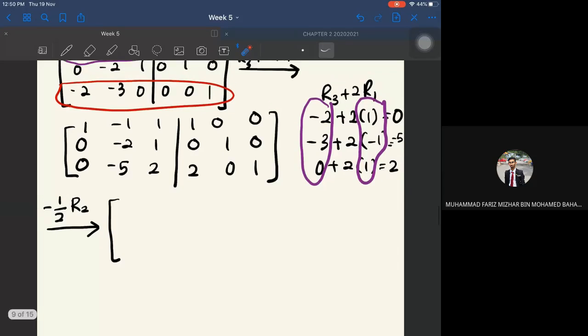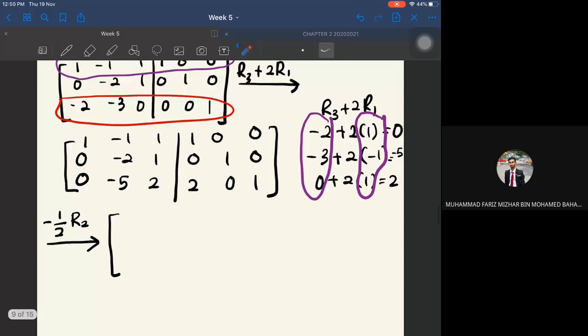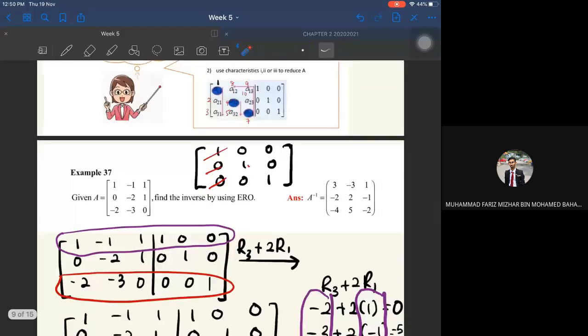Okay. So untuk saya ubah diagonal ni jadi 1, saya selalunya menggunakan properties nombor 2. Untuk ubahkan yang jadi kosong, saya gunakan properties nombor 3 atau nombor 1. Untuk jadikan diagonal ni 1, sama ada saya gunakan property 1 ataupun 2.